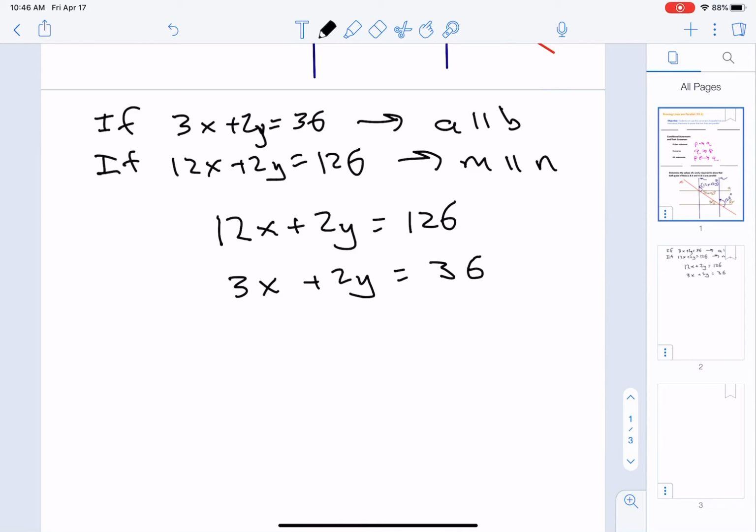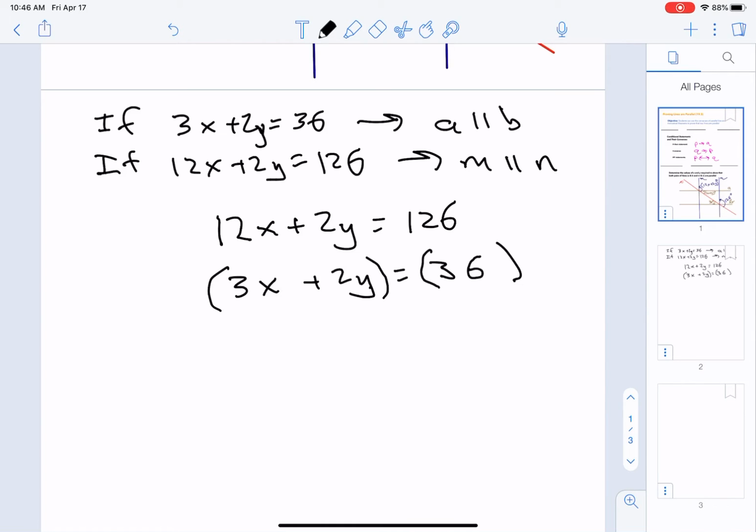Now, there's at least three ways to solve these equations and find x and y, but the most convenient way here is going to be what's called the elimination method. The idea here is you have to notice the statement that 3x plus 2y equals 36. So 3x and 2y, that whole amount is the same thing as 36.